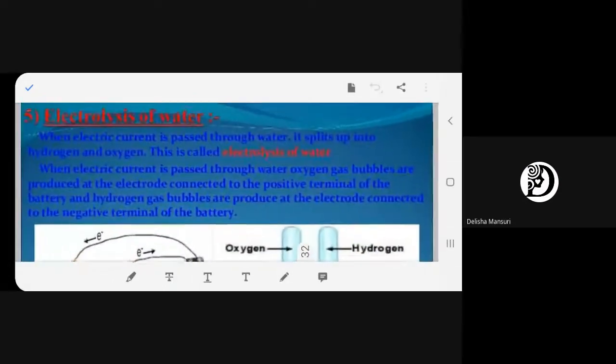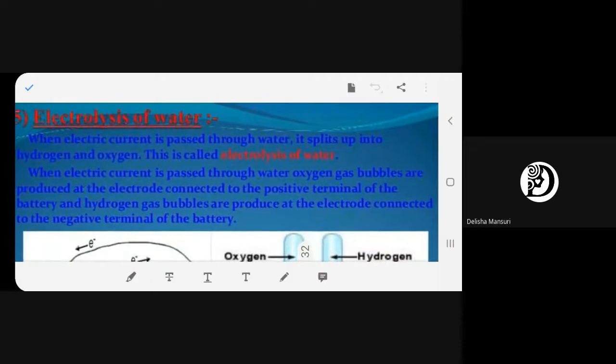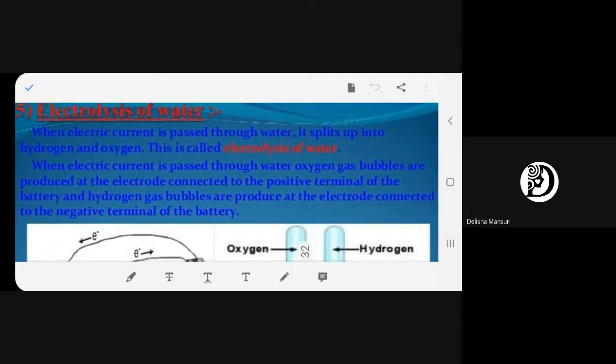Now, same thing, revision: electrolysis of water. Delisha, continue. Electrolysis of water. When electric current is passed through water, it splits up into hydrogen and oxygen.